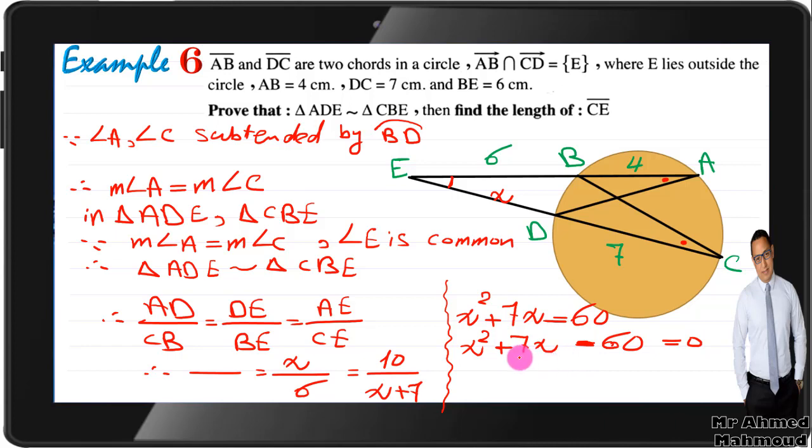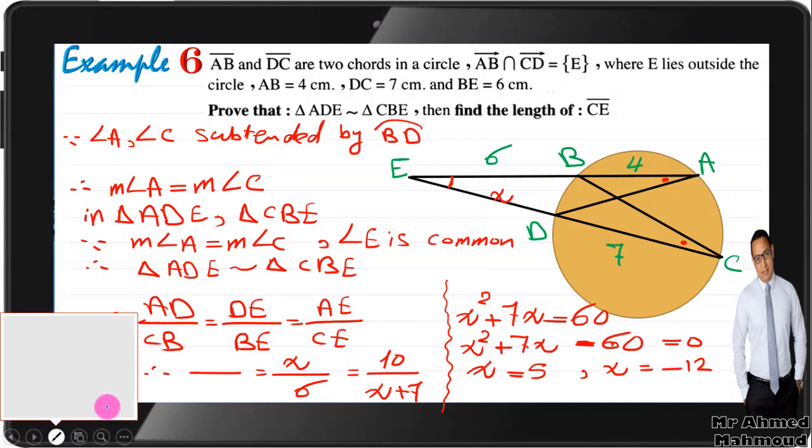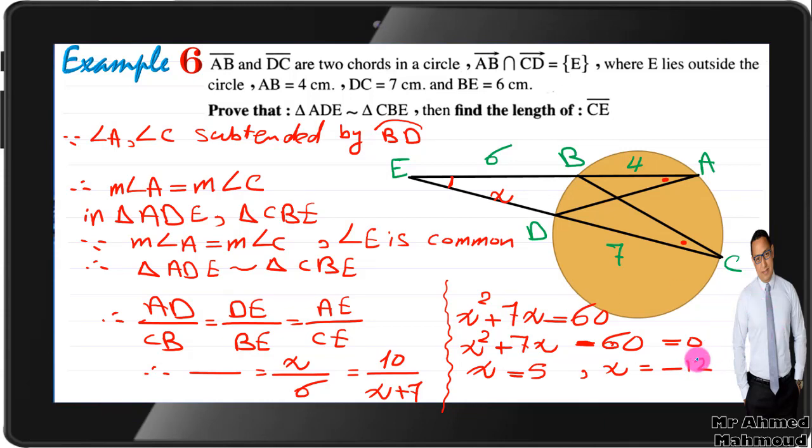Now I'm going to factorize, or use the calculator, mode equation 3. So X equals 5 or X equals negative 12, but X is a length, so negative 12 is refused.